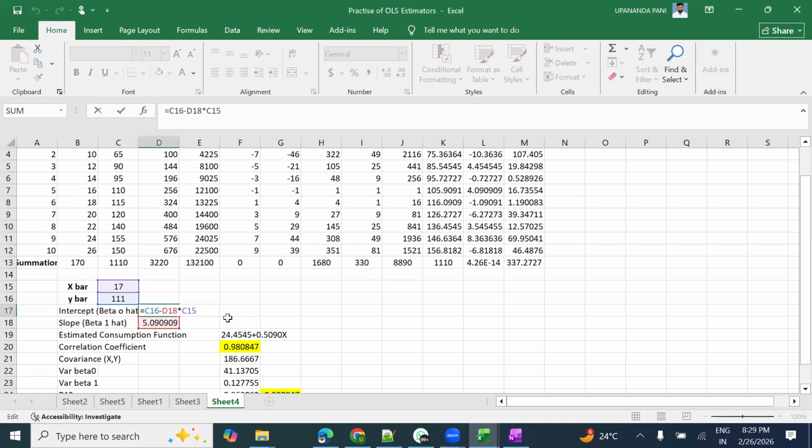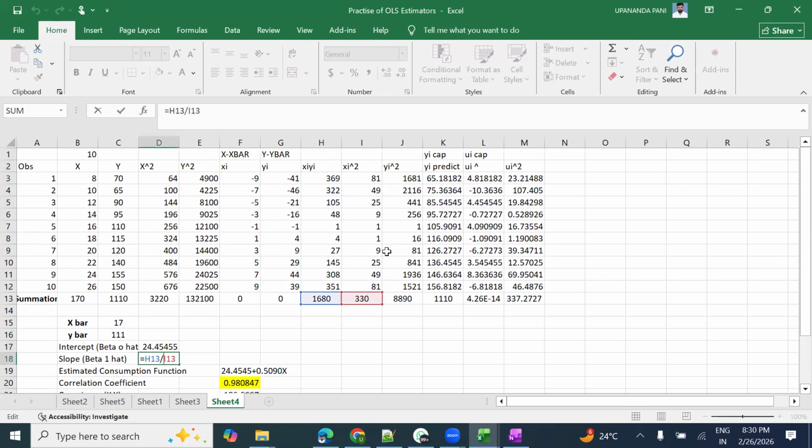Slope formula is summation xi yi. First, you need to calculate the slope, beta 1 hat. So, beta 1 hat is nothing but the slope. You can see how we have calculated the slope: H13 divided by I13.